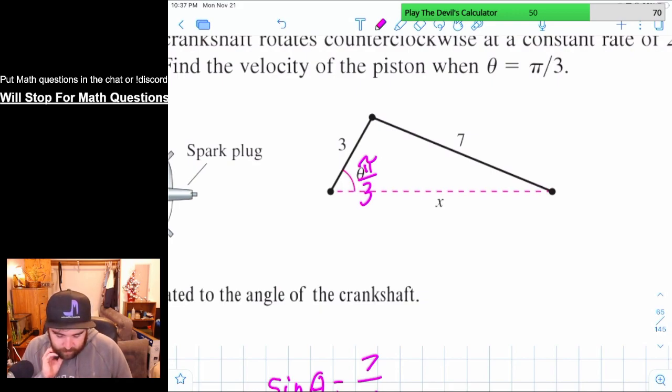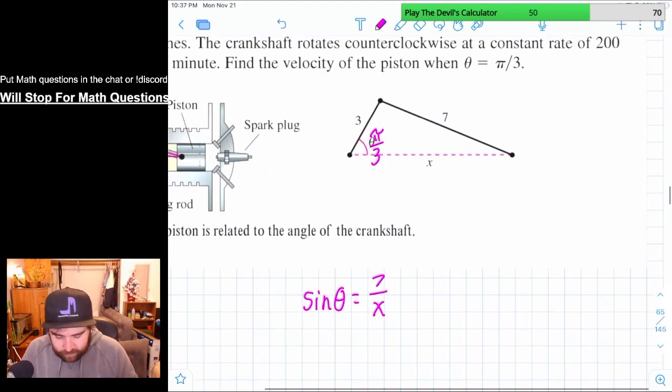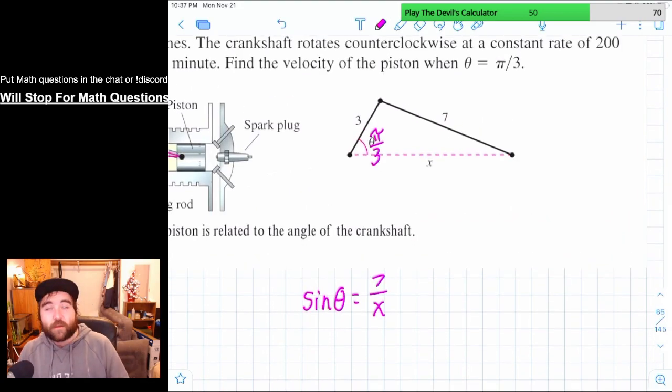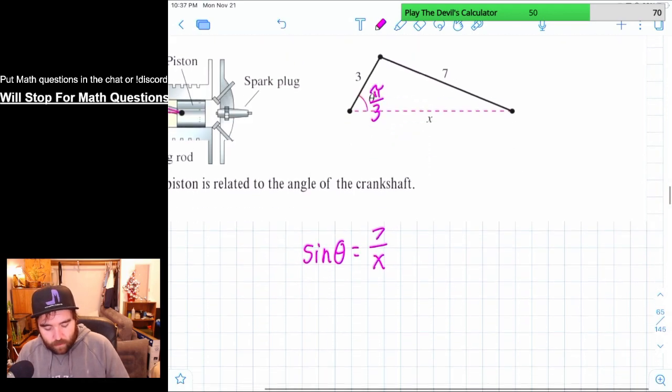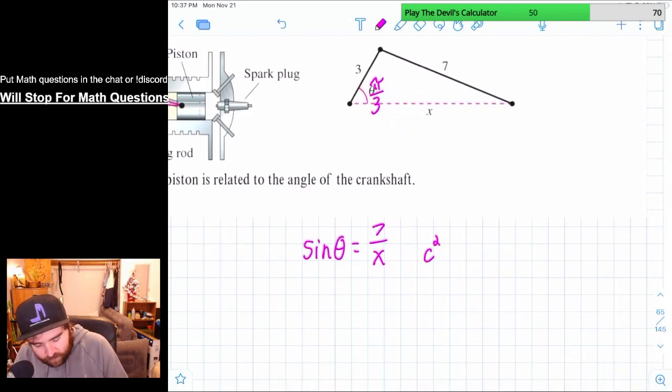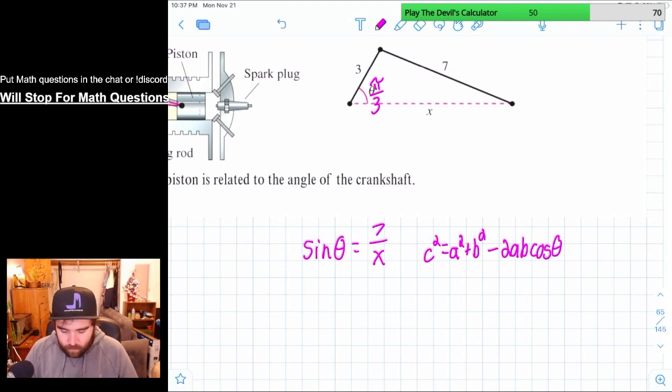So should I use like the law of cosines? Do I really need to use the law of cosines right here? Are you serious? What is the law of cosines? The law of cosines starts off like Pythagorean theorem, c squared equals a squared plus b squared, but then minus 2ab cosine of theta.